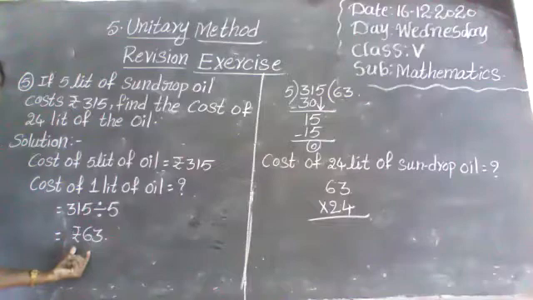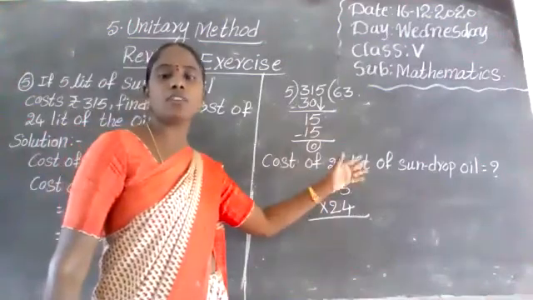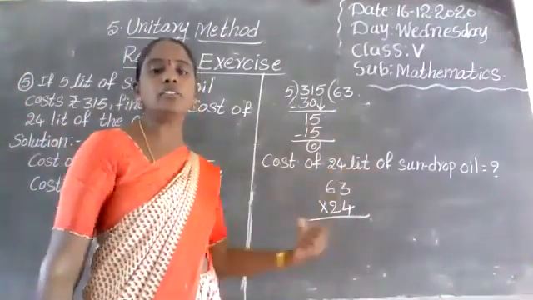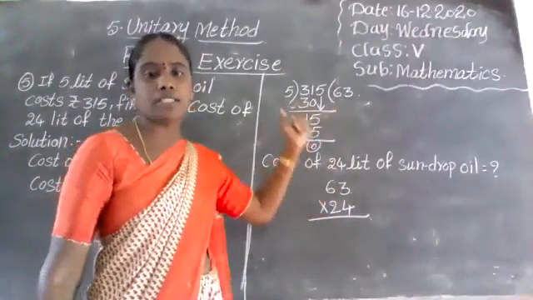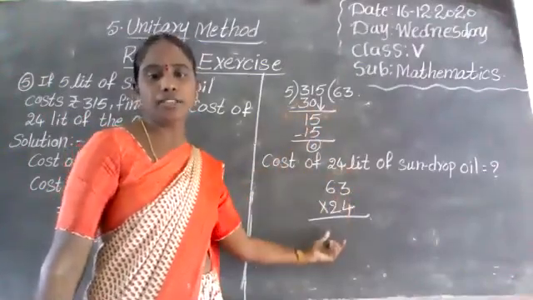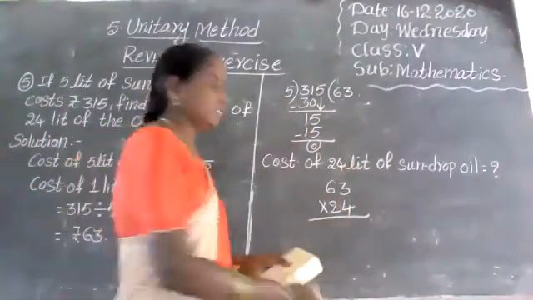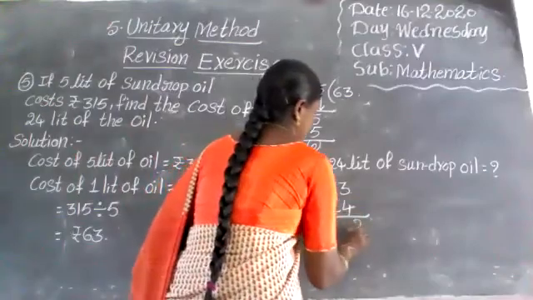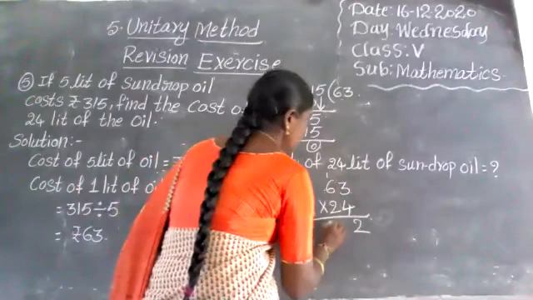Okay, 1 liter of oil costs 63 rupees. Now we find out the cost of 24 liters of Sundrop oil. How can we find it out? 24 into 63 or 63 into 24. Do multiplication. 4 3s are 12. Next, 4 6s are 24. 24 plus 1, 25.